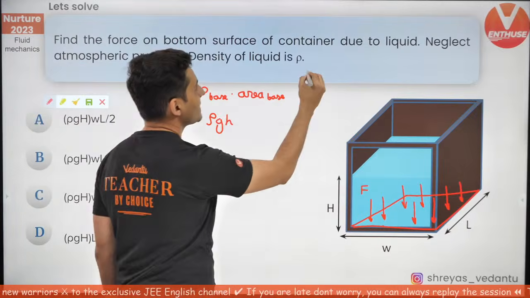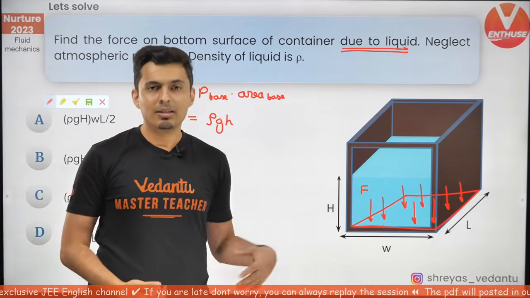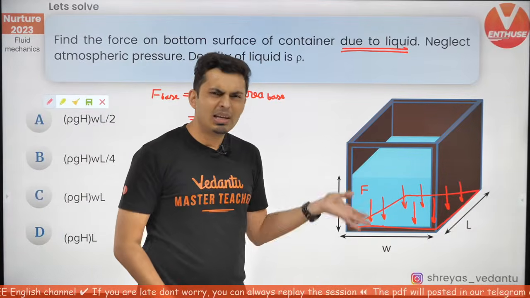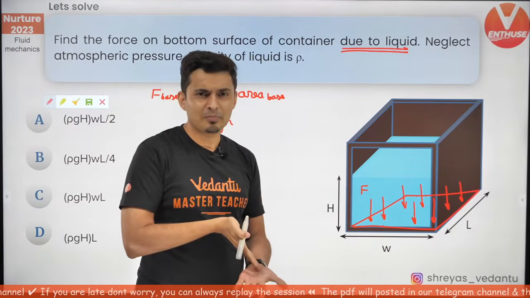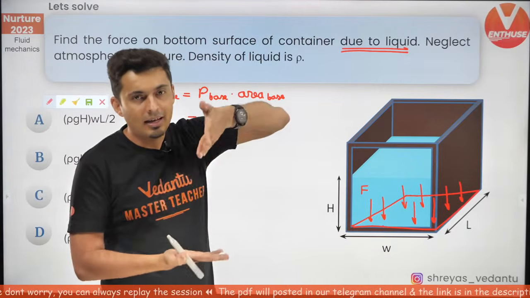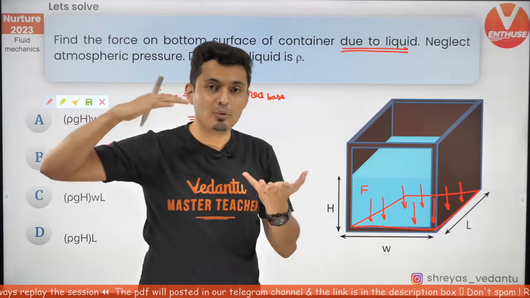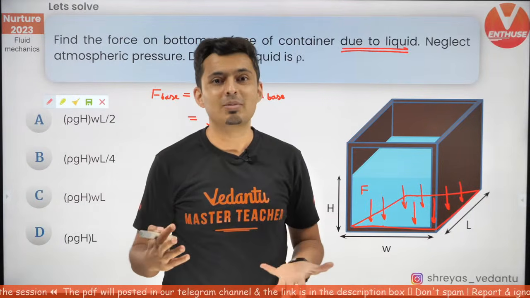Why? Because it says due to liquid. Only due to liquid. See, if the container was empty, anyways the base would experience P naught. Agreed? If the container was empty, on the base air would still exert that force. So when you pour that liquid, that extra force comes because of the liquid.